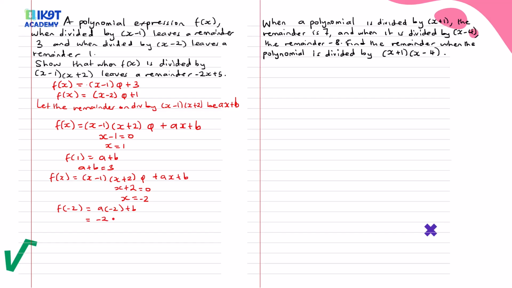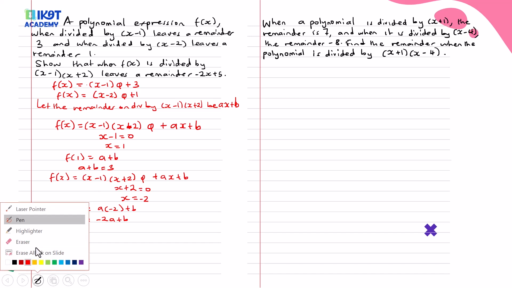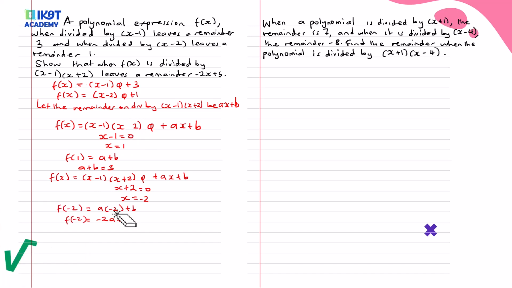But remember, I think I've interchanged, sorry. The question said x minus 2. I interchanged here and put x plus 2. Sorry, this is x minus 2. Let me clear this error now.